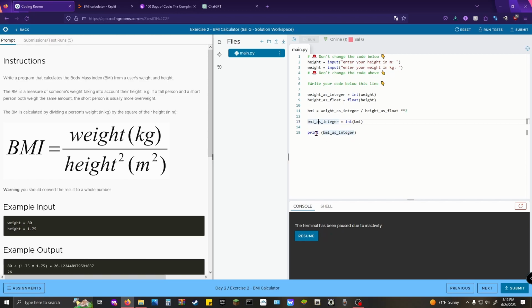This could really be anything at the end of the day. It doesn't matter what name you put as long as it has a name to refer back to it, right? It's the same thing as how weight as integer is referring back to weight, which is up here. It's the same thing as height as float, which is referring back to float.